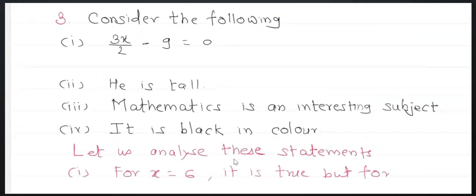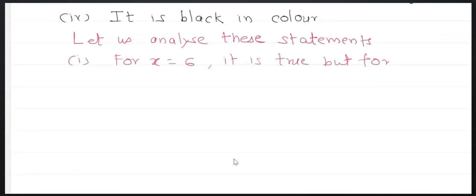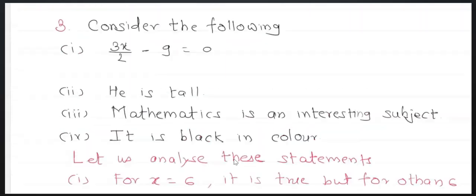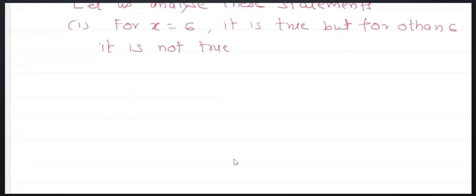If you substitute 6 into 18 upon x, that is 18 upon 6, which is 3, then 3 minus 3 equals 0. Then it is true. But for other than 6, it is not true. Here we cannot.